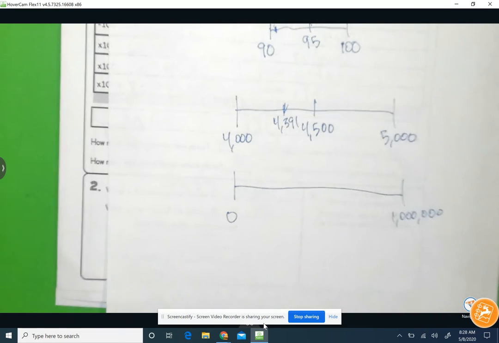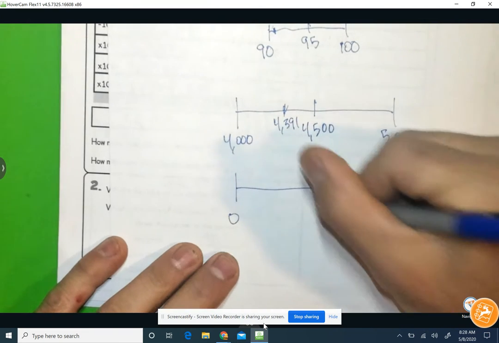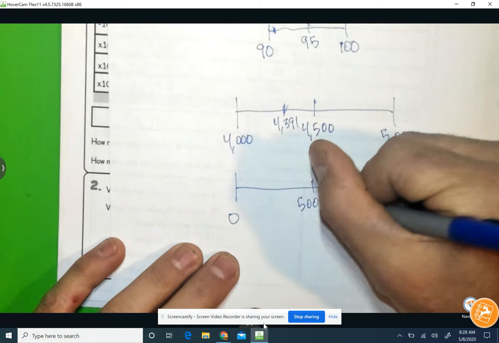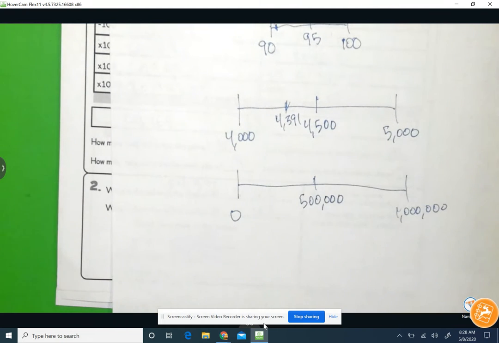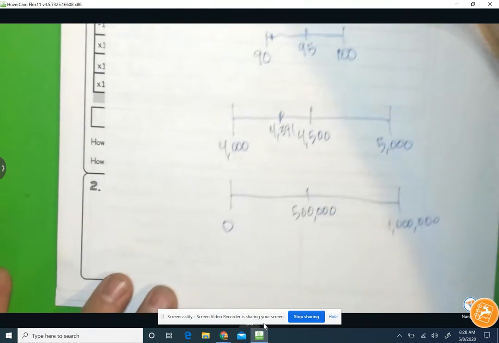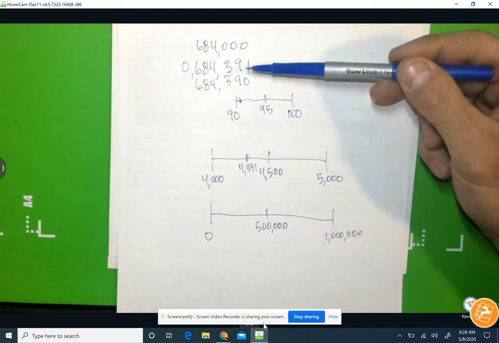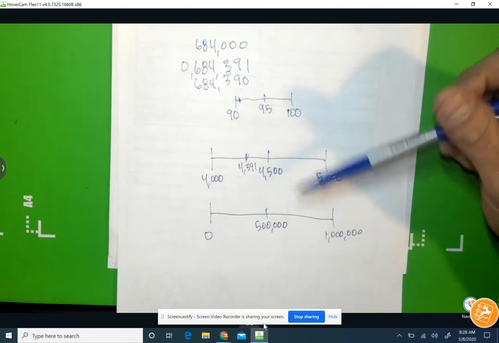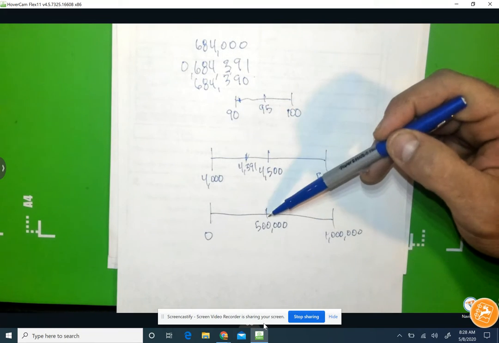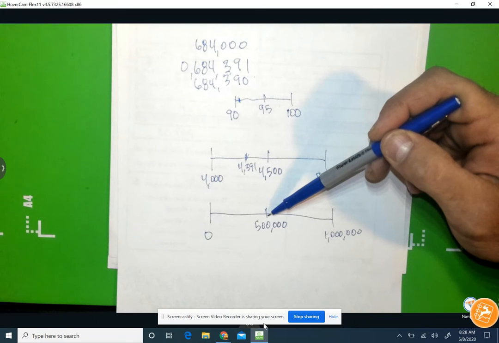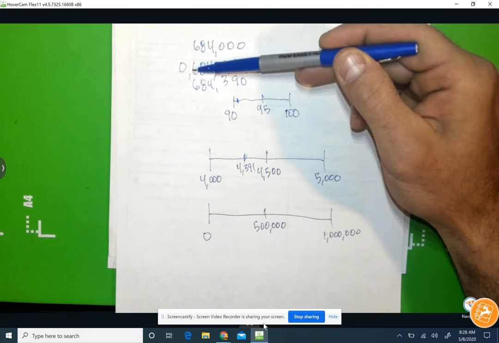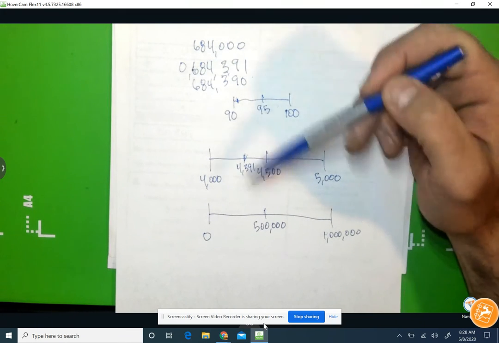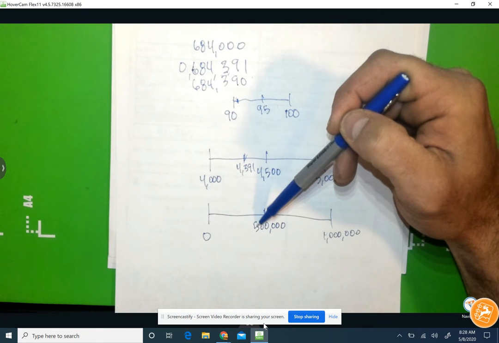And when I ask myself that question, I find that 500,000 is in the middle between 0 and 1 million. Now, looking at our number, 684,391, where does that fall on this number line? Does it fall between 0 and 500,000? Well, no, it doesn't, because there is a 6 in the 100,000s place, and here there's a 5 in the 100,000s place.